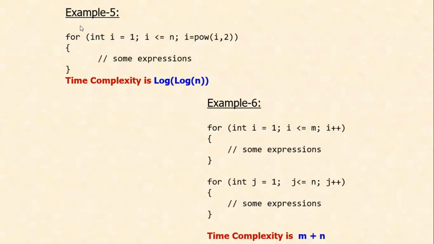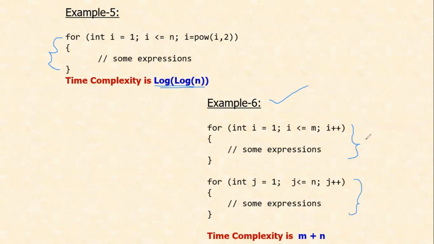Similarly, we will take some other example here. If you see this, here the incrementation is exponential, in powers. If you have a loop where incrementation is exponential, then the time complexity can be log n. Similarly, we will take example 6 here, the last example I am taking. You are having two independent loops.